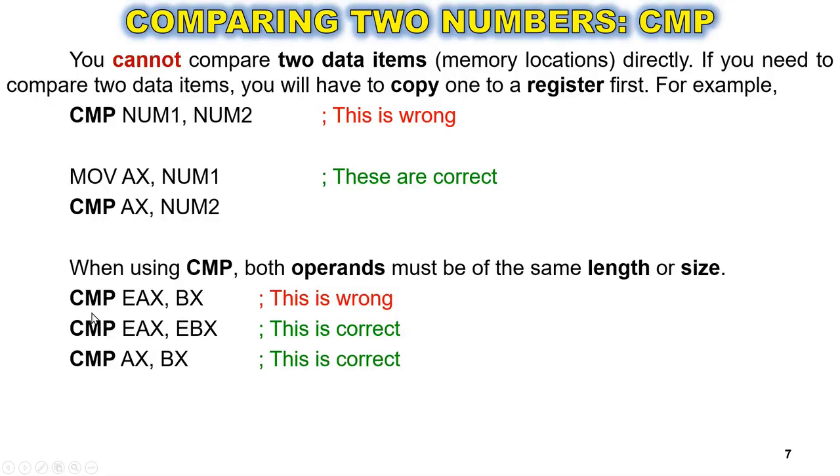Here in this example, CMP EAX, BX will generate a syntax error because these two registers are not the same size. EAX is a 32-bit register while BX is a 16-bit register. The following two lines of code are correct: CMP EAX, EBX and CMP AX, BX.